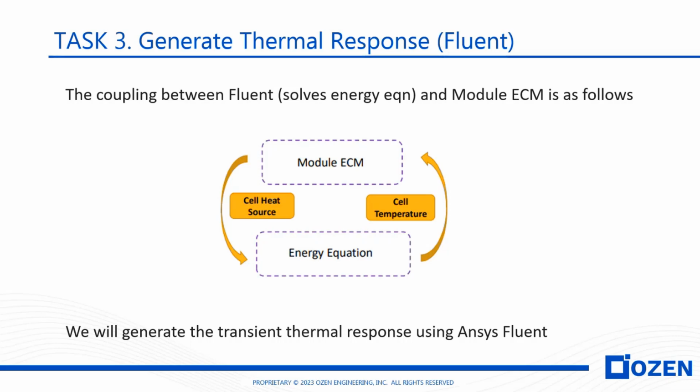So it's essentially going to be a two-way coupling. That's the strategy. The cell heat source is going to be defined by the module ECM. Then it's going to go to the energy equation, and the cell temperature will complete the feedback.